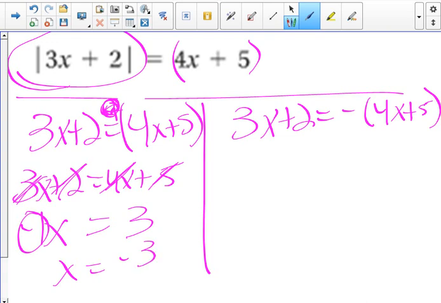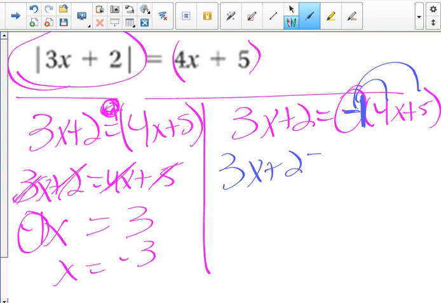So there's that one. On this side, you've got this negative to deal with. Remember, that's just like saying negative 1 and distribute that negative 1 to both terms. So this is going to be 3x plus 2, just copying it down. Now distribute. Negative 1 times 4x is negative 4x, and negative 1 times 5 is negative 5.